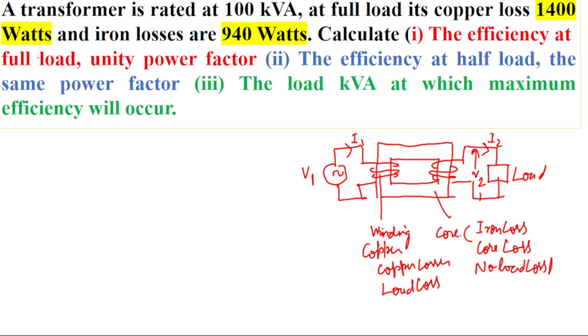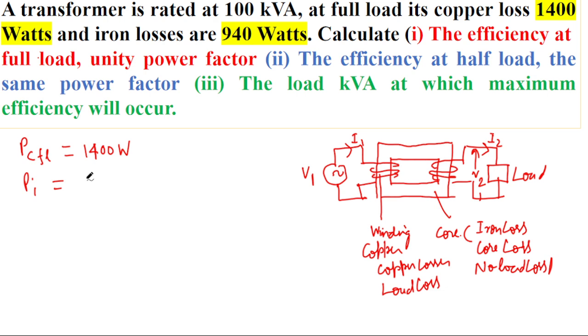We are given 1400 watts as the copper loss. Let me write this as Pc, the copper loss at full load. Pc at full load is given as 1400 watts. Similarly, Pi, the iron loss, is constant, so there is no need to write full load or no load.